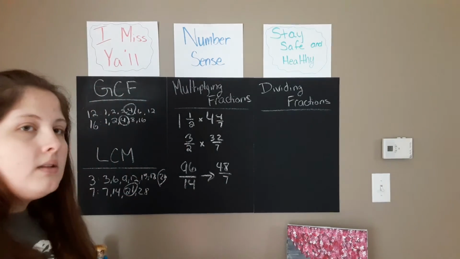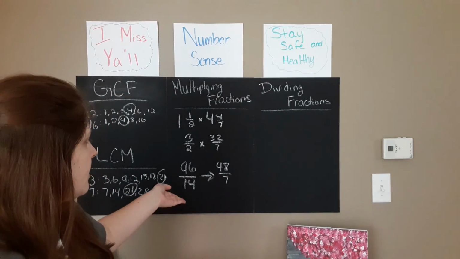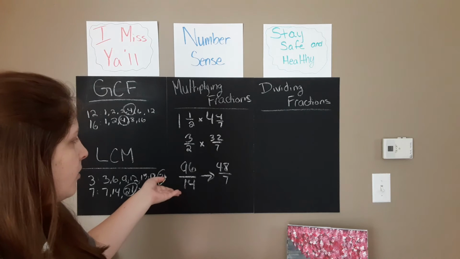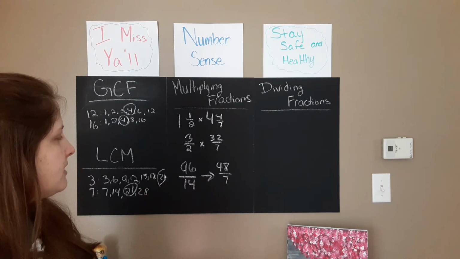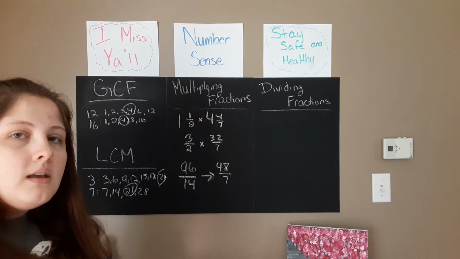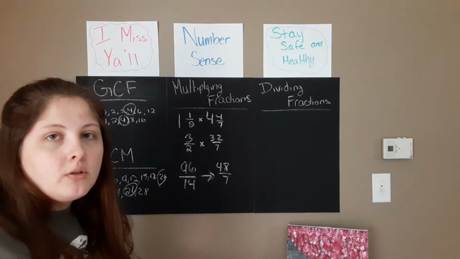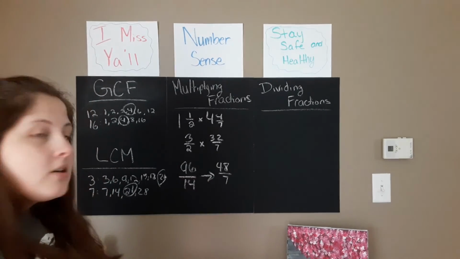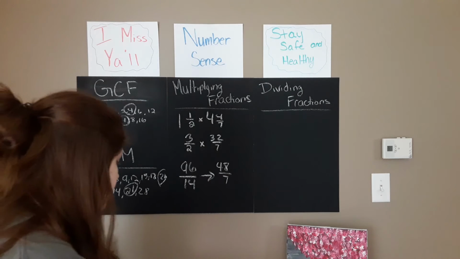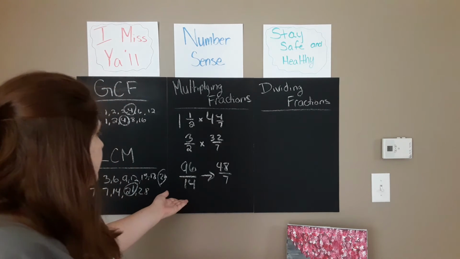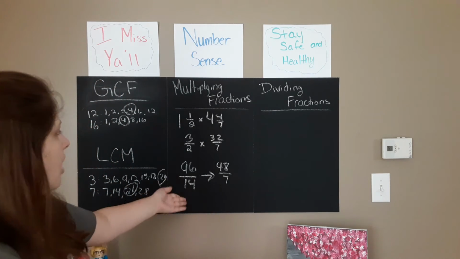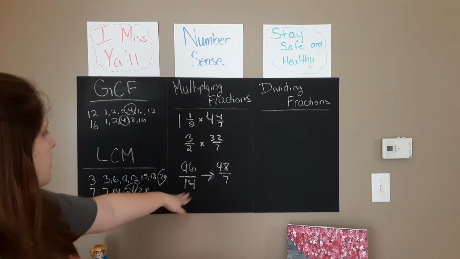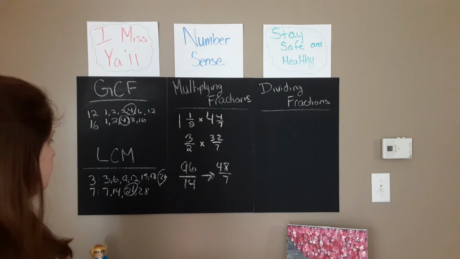And how would we do that? Well, we know that 2 goes into 96 and 14. So then it would be simplified to 48/7, and we know that no number goes into both of those numbers. So then that's our simplified fraction. So we know that 2 would be the greatest common factor of 96 and 14.